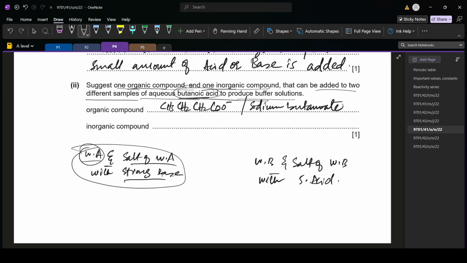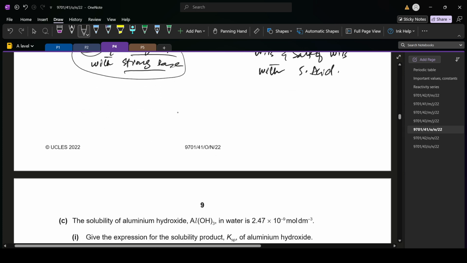And the strong base, the inorganic compound, will be sodium hydroxide, NaOH. That's how you will complete this part.